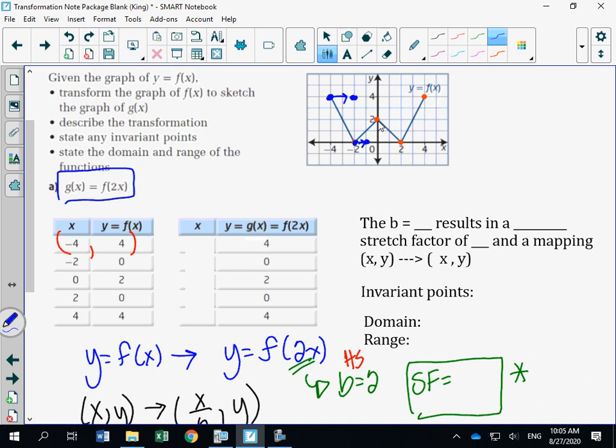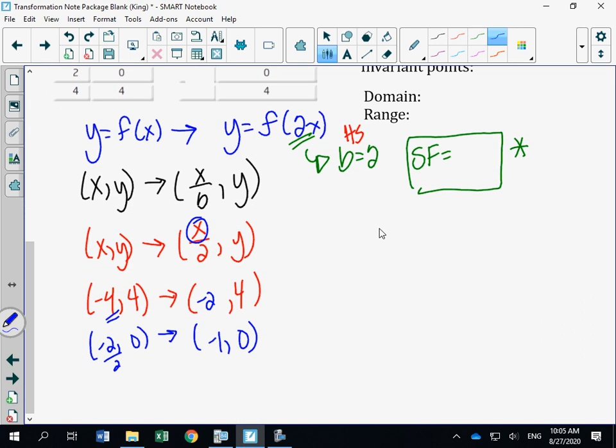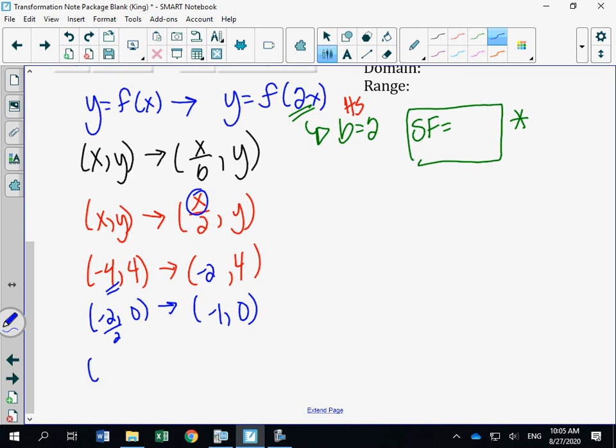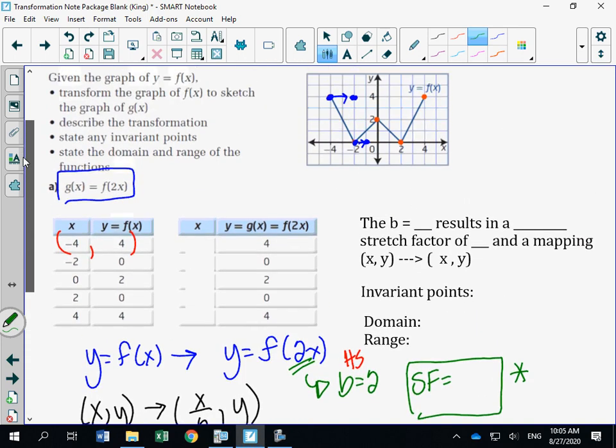Okay, this third point was x is 0, y is 2. When we divide the x coordinate by 2, we're going to stay at 0 comma 2. So that's going to be our invariant point. That guy stays.